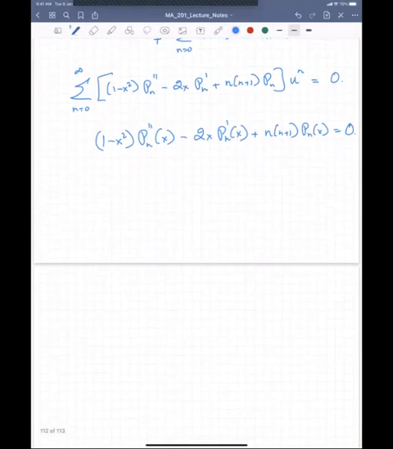So as a practical aspect, this is how you extract the Legendre polynomials. Are there any questions or any comments up till now?